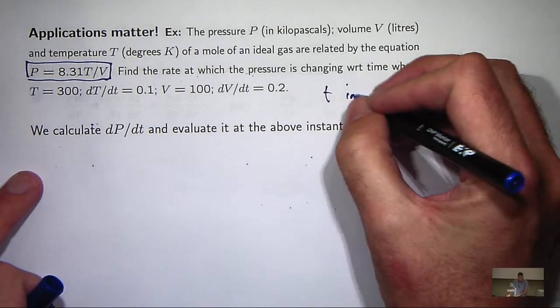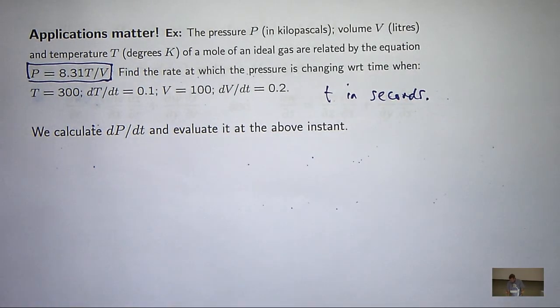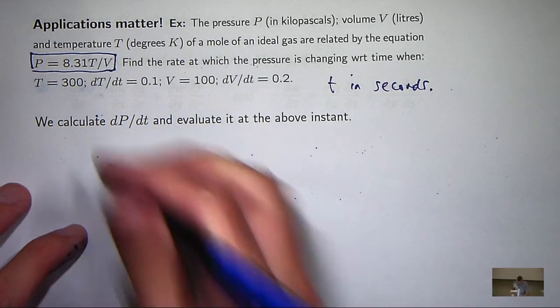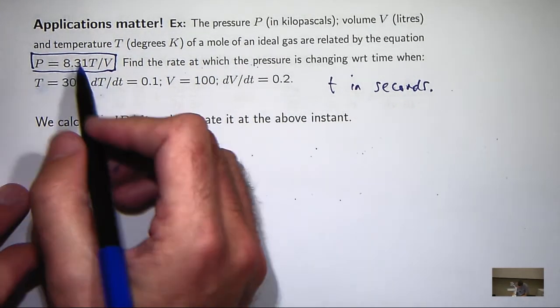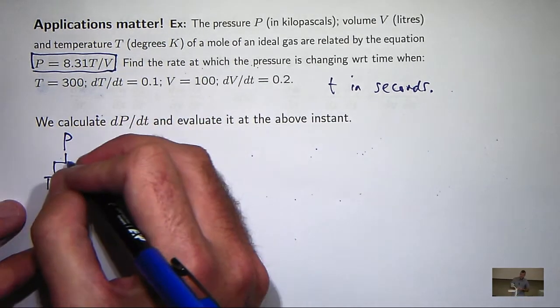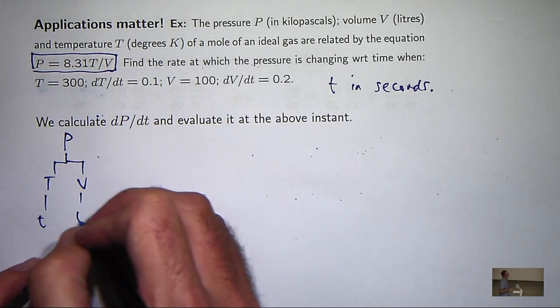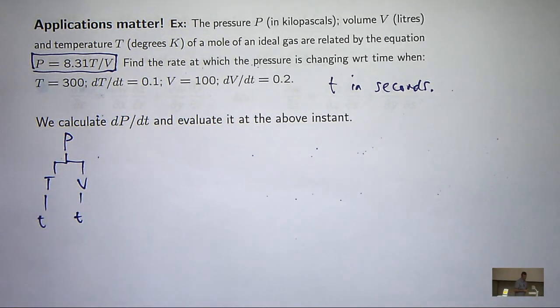Okay, so the first thing we need is our chain rule. So again, I'm just going to note that P depends on two things, temperature and volume, and both of those depend on time. So all I need to do to calculate dP d little t is just go down the branches, form a derivative when I move from letter to letter.